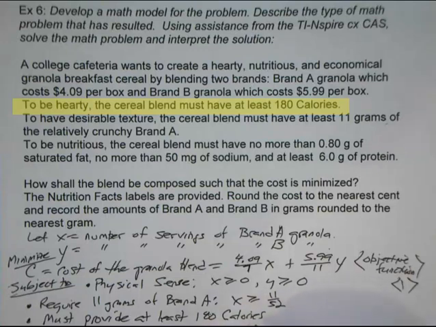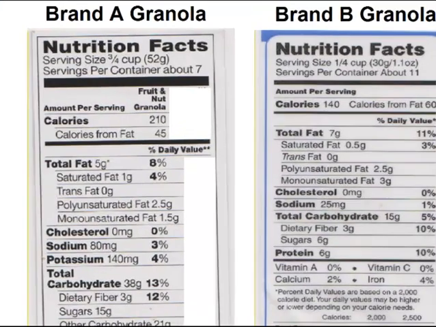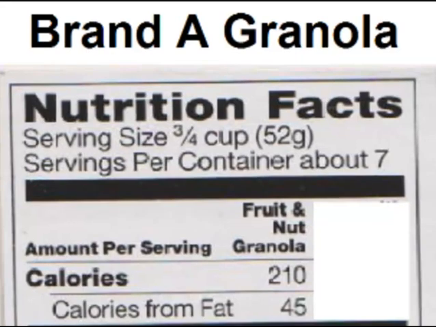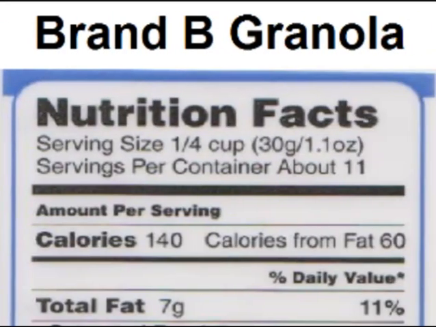Let's proceed. We need to go back to that nutritional fact label and see what brand A and brand B have as far as calories in one serving. Up towards the top of the brand A label, you see the calories for one serving, 210. In a similar position on the brand B label, the calories for one serving is 140. Now we can talk about how many calories are in our entire blend.